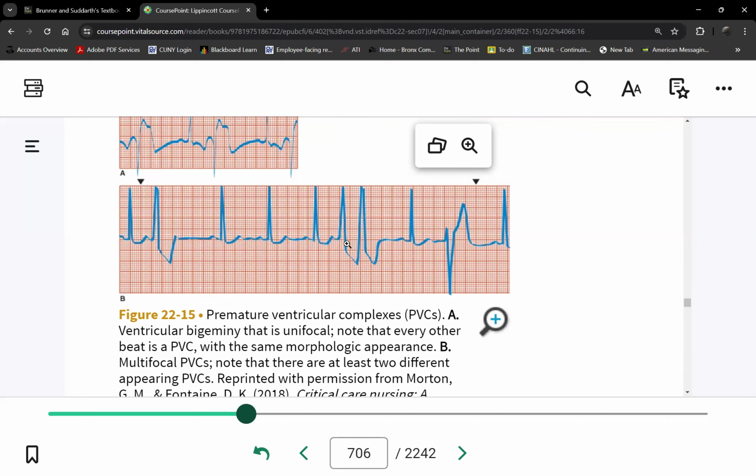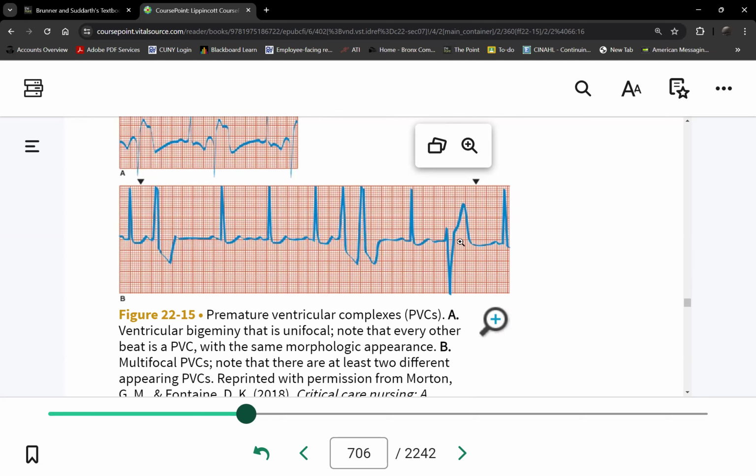This PVC and this PVC are the same. This PVC, however, is different, correct? Because there are different patterns to PVCs. So if you have different looking PVCs, we call this multifocal. If they're the same, we call it unifocal, meaning whatever's causing these premature beats is the same source if they look the same.